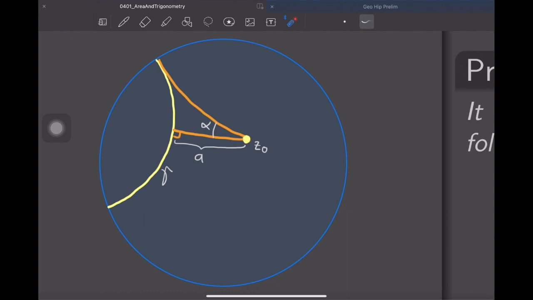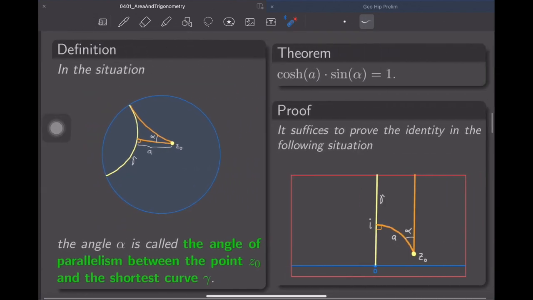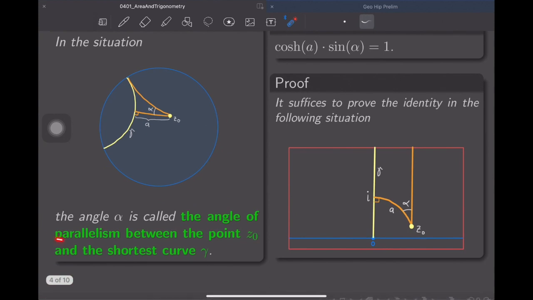And then I throw a perpendicular, and this angle is what I call the angle of parallelism. This is the angle I was mentioning, which is half, well, okay, let me see, I think it's this. Yeah, so it's half this angle. And I call it, as I said, the angle of parallelism.